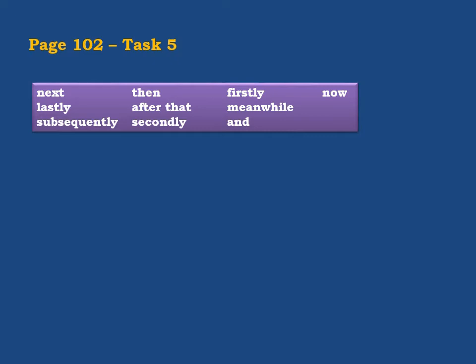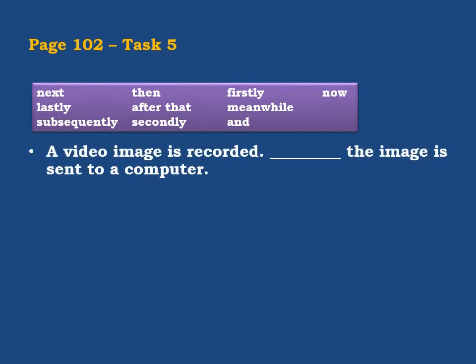Now, to check your answers, you can see the 5 possible words. A video image is recorded, and the words that could be used are now, or next, or after that, or secondly, or subsequently.